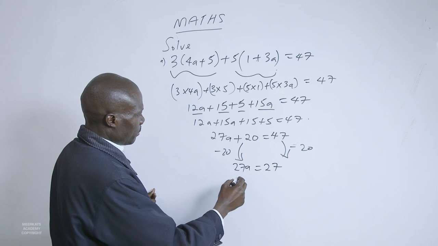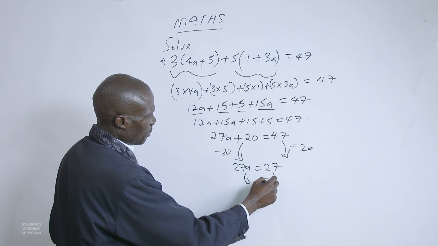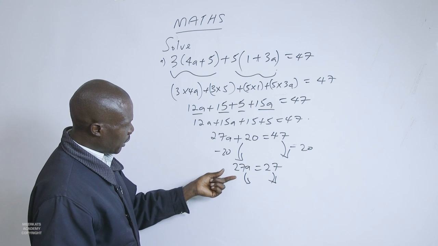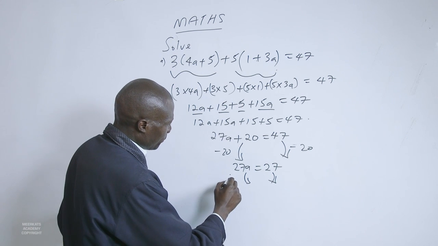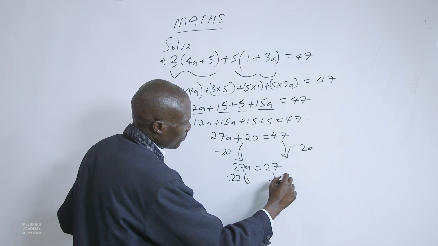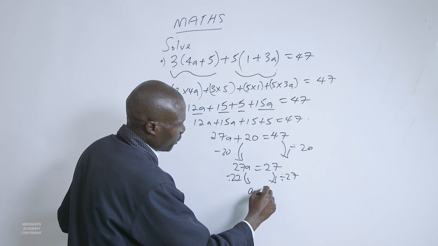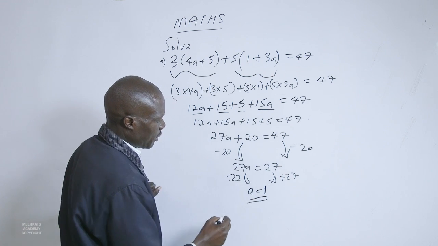From here, we divide by 27 to remain with a equals to 27 divided by 27 will give us 1.